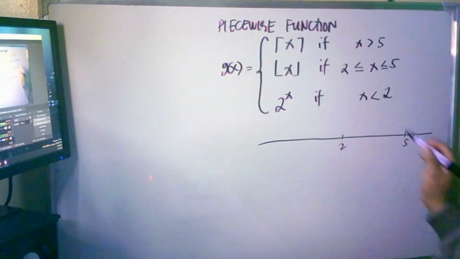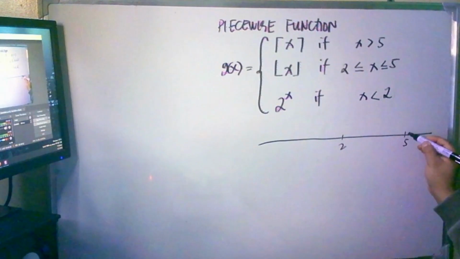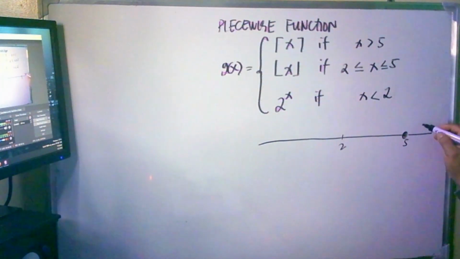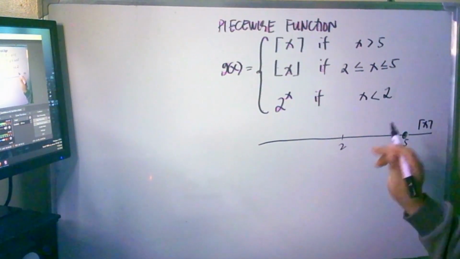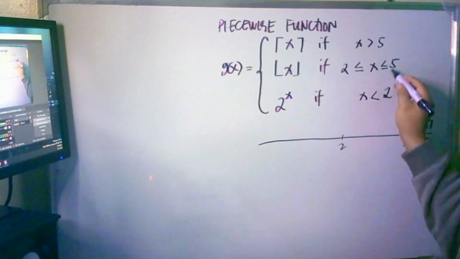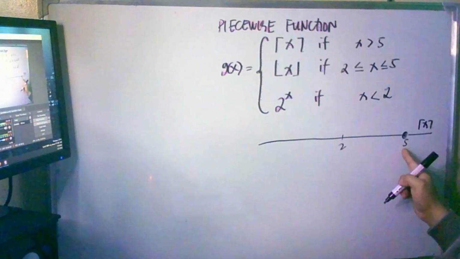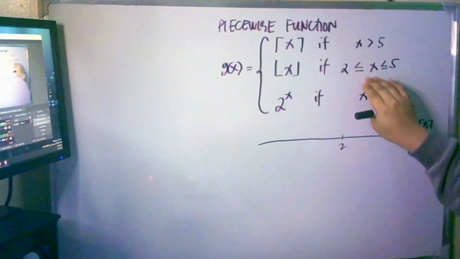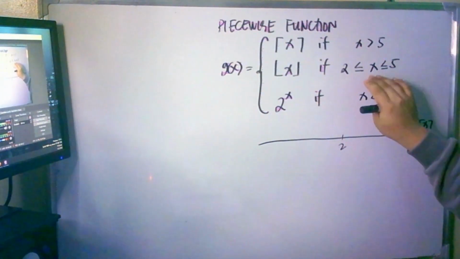So if it's greater than 5, hindi kasama itong 5. Basta pag mas malaki siya sa 5, we're going to make use of the first piece. Pero kapag nasa gitna, it's less than or equal to 5, but greater than or equal to 2. This is an inequality na dalawang inequality ito.